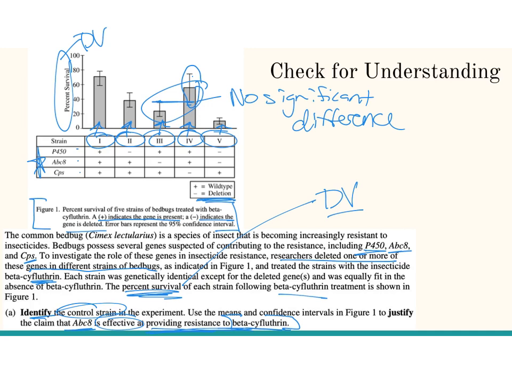And the reason that that is important is because if you're looking at justifying a claim, right, that it's effective, you need to bring in evidence here and you need to use those confidence intervals, right? These two groups, for example, there is no significant difference.